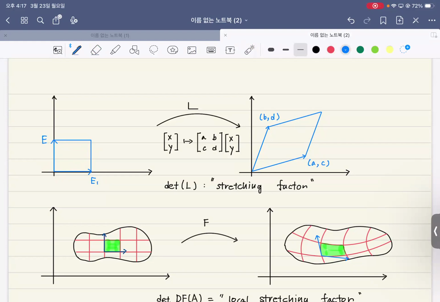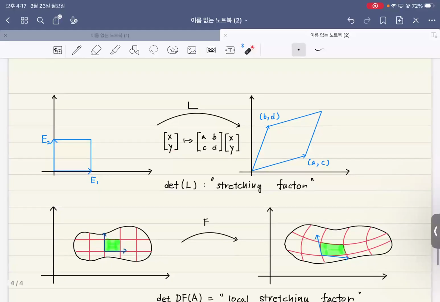This is E1 and this is E2. The image of this vector, (1, 0), is (a, c). If you plug in (1, 0) here, you're going to get a and c. So the image of this would be this, and the image of the second standard unit vector must be this.